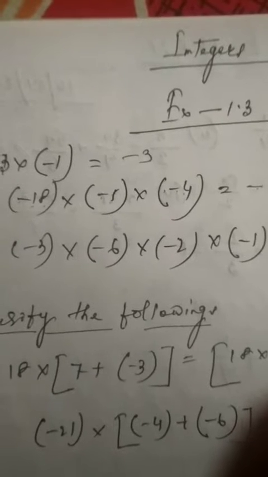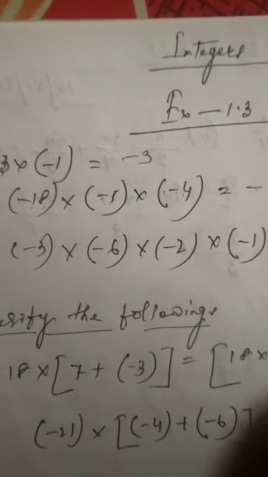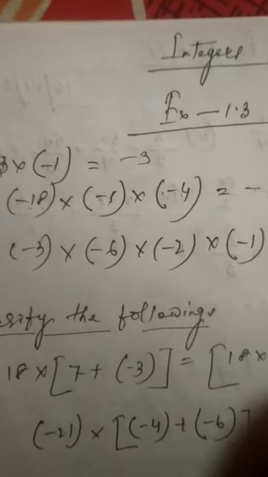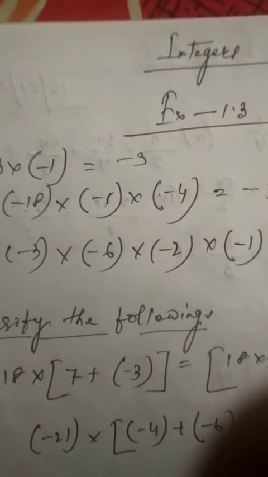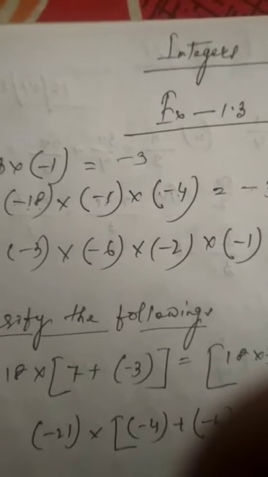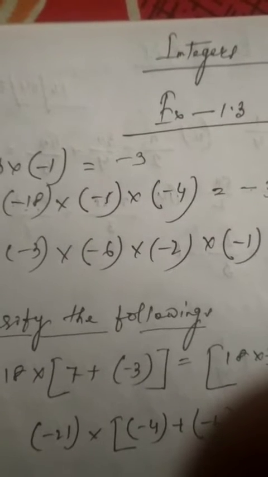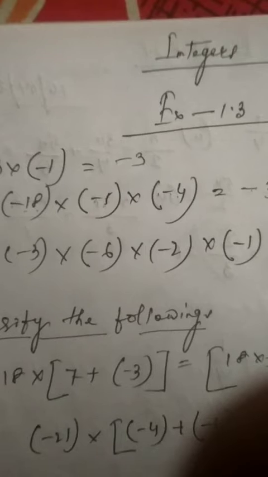The technique is, we will check how many numbers are given. If it is 10, which is an even number, and I'm multiplying 10 negative numbers, it will surely be a positive value.